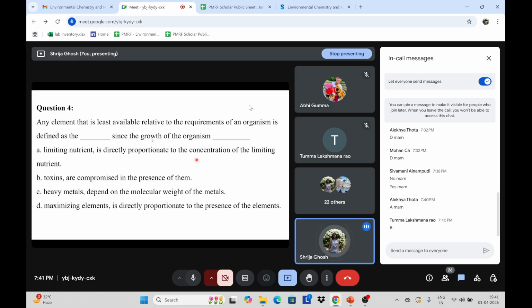Let's see which answer gets the maximum votes. What do you think is the answer? Is it A, B, C, or D? We already have A and B in the chat box. Nobody wants to answer?